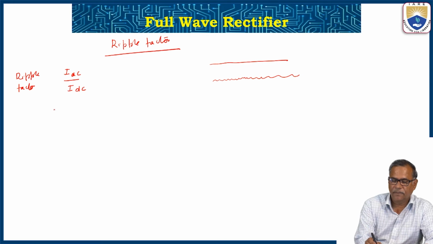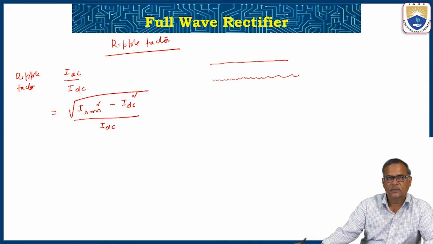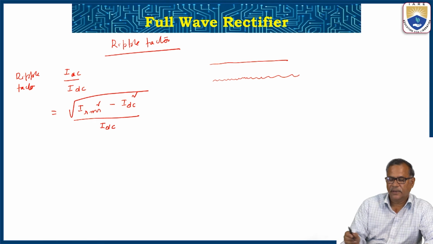So what is IAC? IAC is equal to square root of IRMS square minus IDC square, divided by IDC. So this is how the ripple factor is calculated.